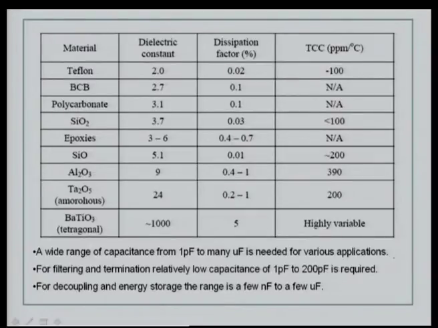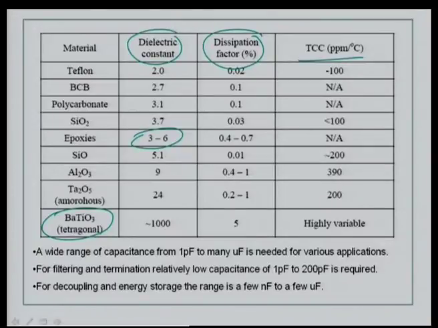So, the issues here are dielectric constant, an important factor, dissipation factor, and TCC, temperature coefficient of capacitance. So, Teflon, you can see the values of dielectric constant, benzocyclobutene 2.7, polycarbonates, silica, epoxy is well known in the PCB industry, and then we have this alumina powder, tantalum oxide, barium titanate, much used in the capacitor industry.